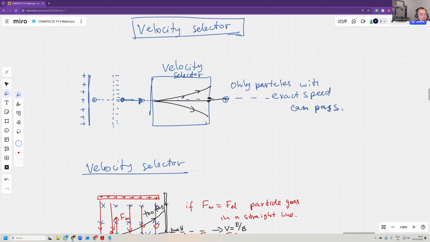A velocity selector is used in mass spectrometry. If you read about mass spectrometry, it's really cool stuff. It allows you to find the masses of atoms correct to 10 to the minus 32 kilograms, astonishingly good accuracy.